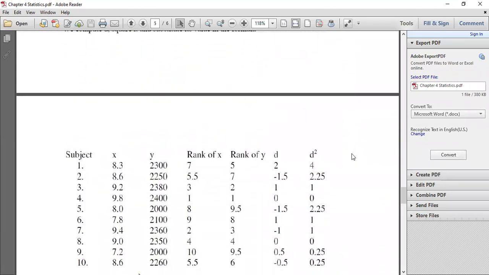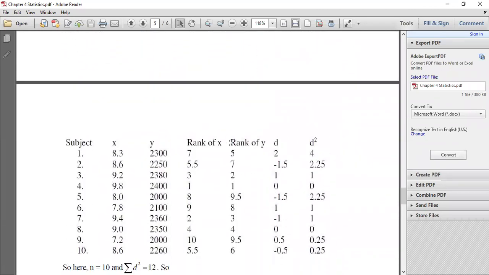But now, when it comes to the rank, you have the rank of X and the rank of Y. We start with the rank of X. The first one was 9.8, so we give it rank number 1. The next one is 9.4, rank number 2.